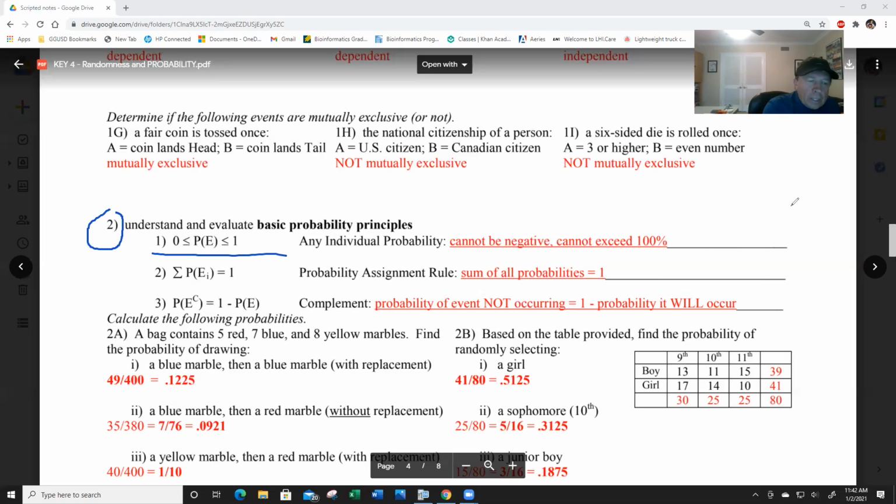Item 2, this is the summation symbol, that fancy looking E, okay? So the sum of all the probabilities in a set is 1.